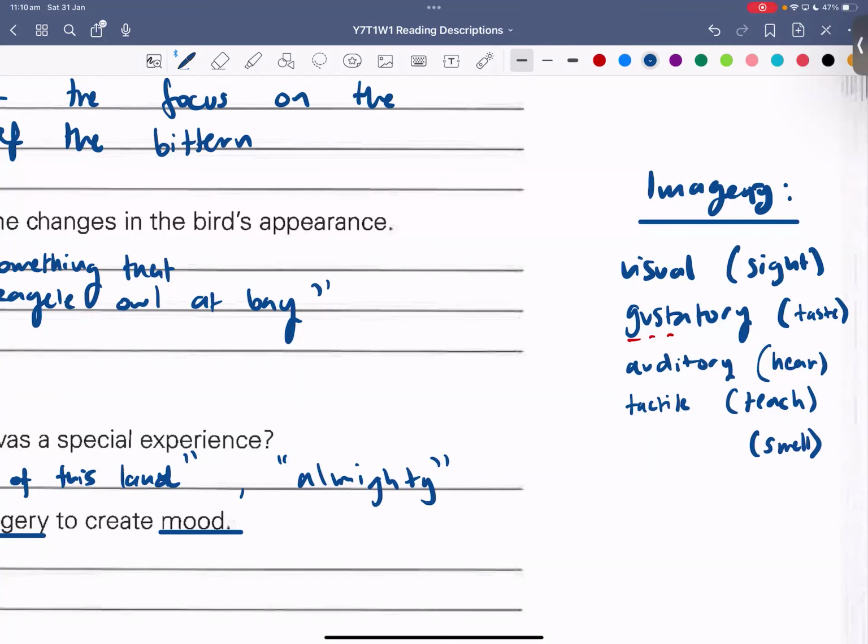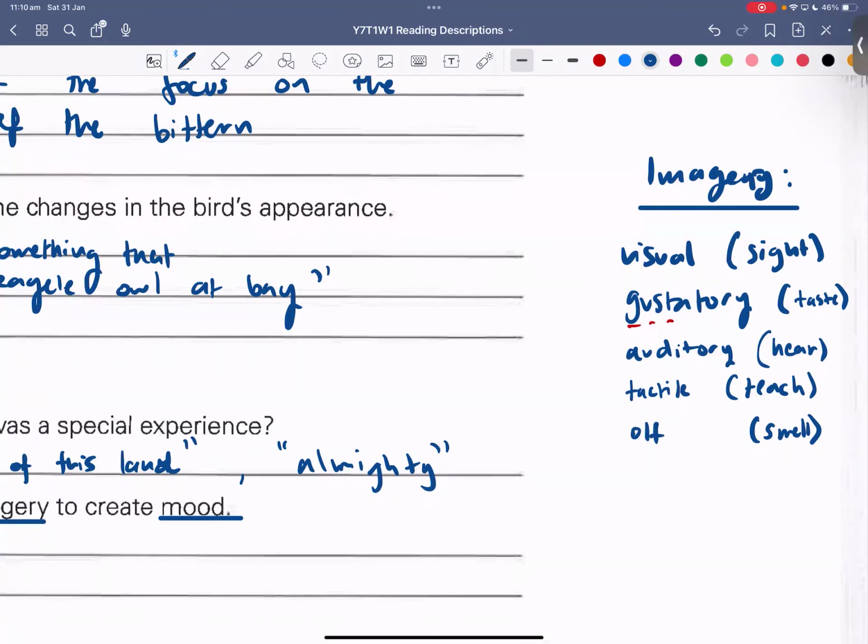Does anyone know the word for that one? Yes, olfactory. So the way I think about it is that a factory has a weird smell. But technically it's because of the olfactory nerve, okay? It goes from your nose to your brain.